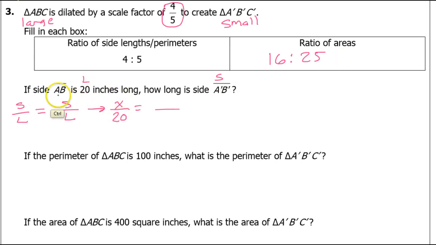And then, am I going to use 4 to 5, or will I use 16 to 25? Okay, we're talking about sides. These are lengths, not areas. So I'm going to do 4 over 5. Okay, small over large. And then you just cross multiply. So that is going to give us 5x is equal to 80. And then I have to divide both sides by 5.